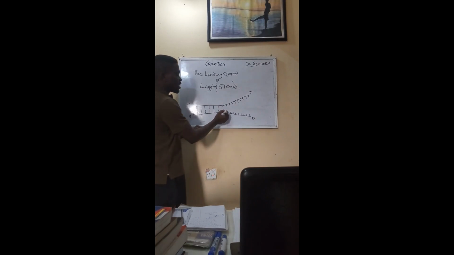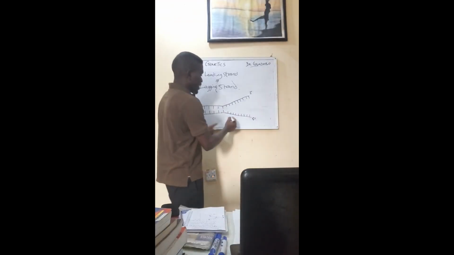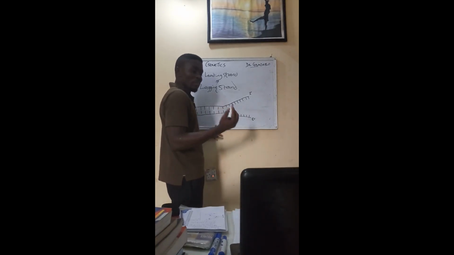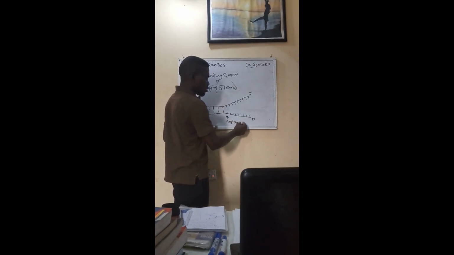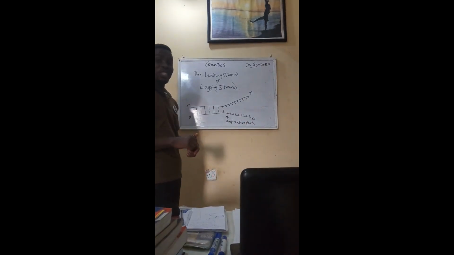So this point where unwinding starts from is called the replication fork. That point is called the replication fork.